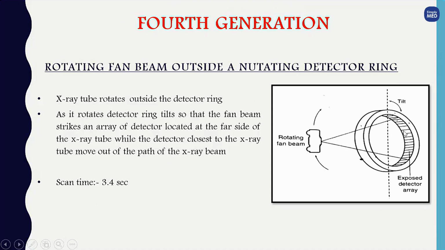When the detector is here and the X-ray tube is here, this part of the detector will be exposed. Same when the detector comes here, that part will be exposed. Like that will be the exposure, and scan time is 3.4 seconds.